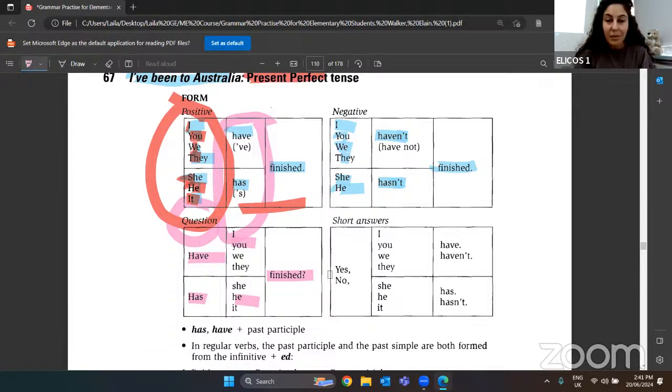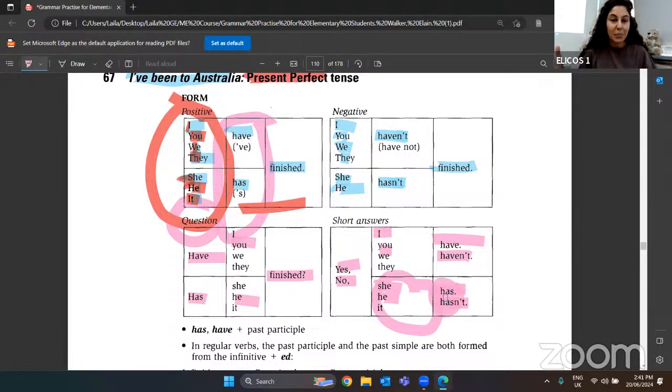To respond, we say, yes, I have. Yes, you have. Or if it's a negative, no, we haven't. No, she has, or no, he hasn't. All you need to remember is that for he, she, it, you must say has.